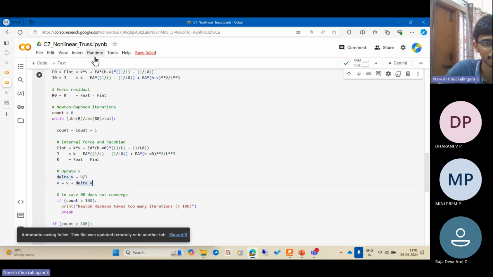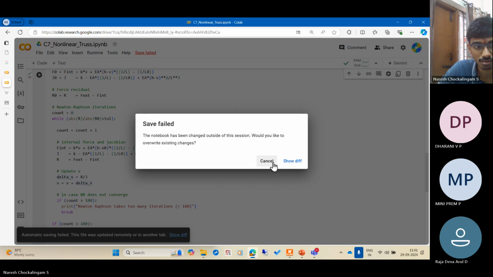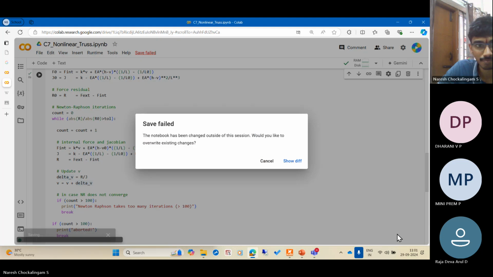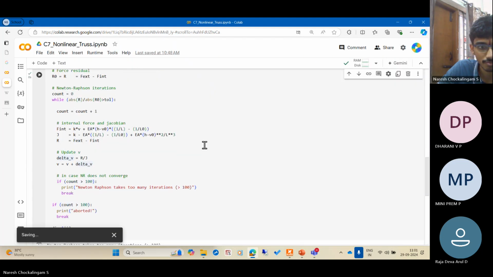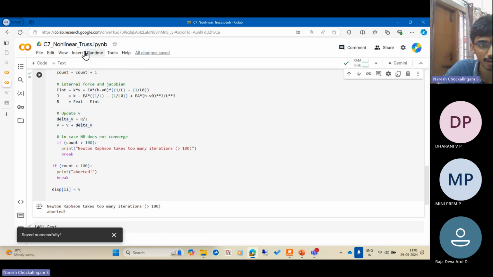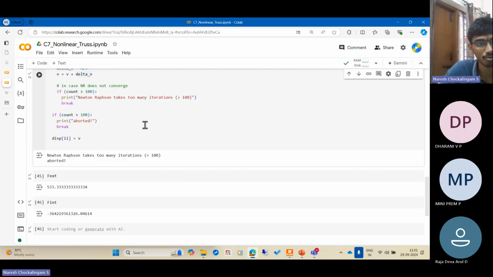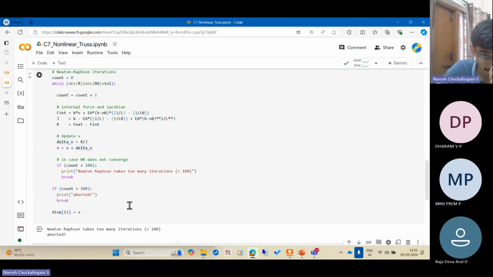So now it has to converge. It's a simple problem. It has to converge. Yeah, so I'll run it. Okay, now what is the issue? F internal is some junk, F external is something else.